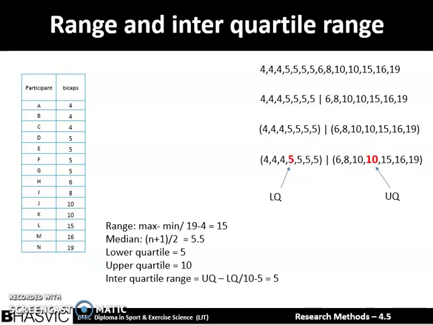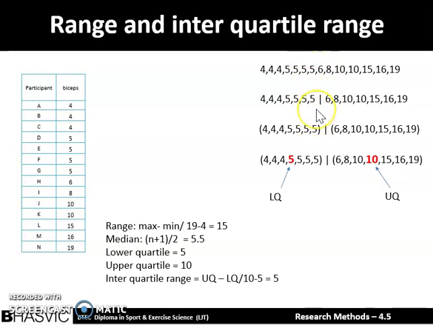However, if you have an even number to start with, the answer will be a decimal. To work this out, you first need to find the median. It's worked out the same as last time, n plus 1 divided by 2, which gives you 5.5. Now 5.5 lies between the 5 and the 6 as seen here.